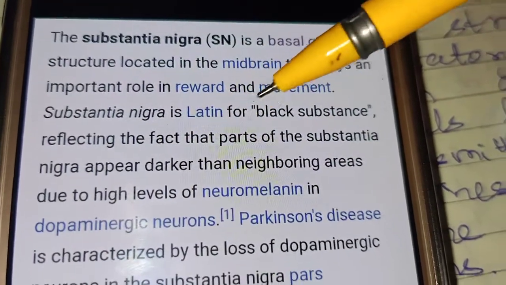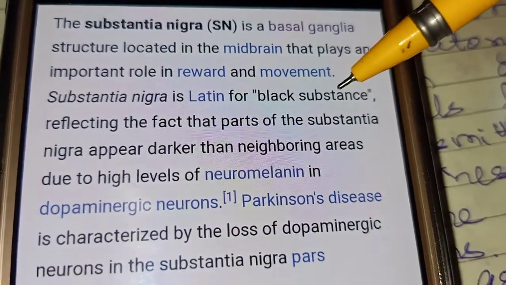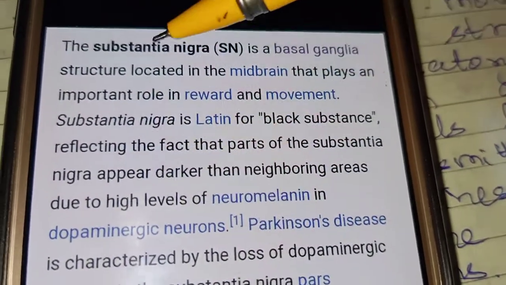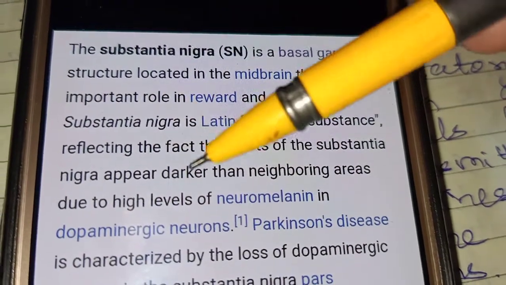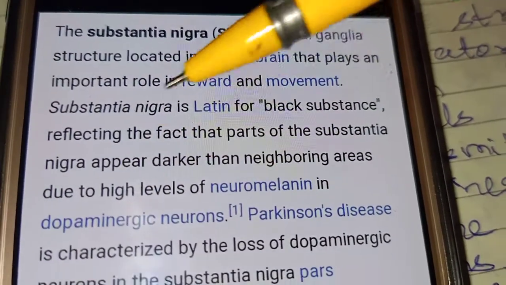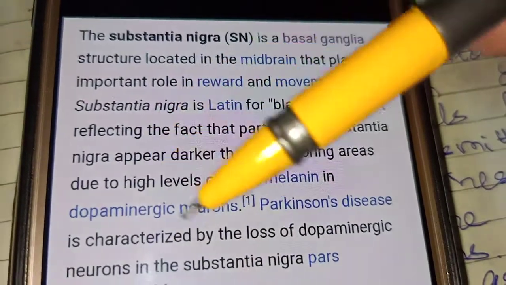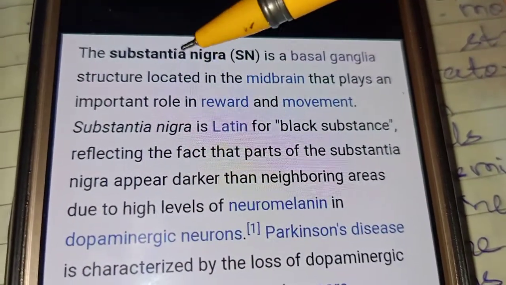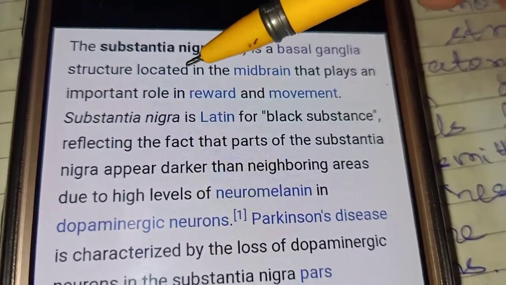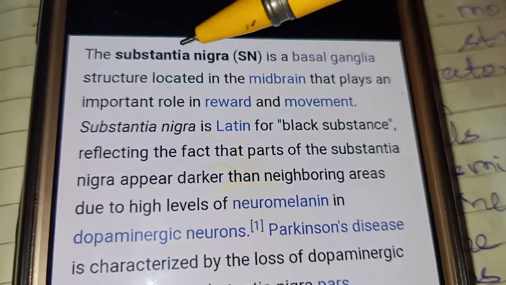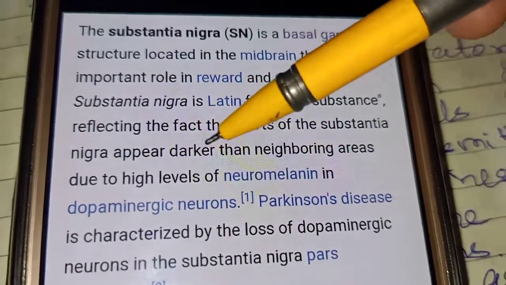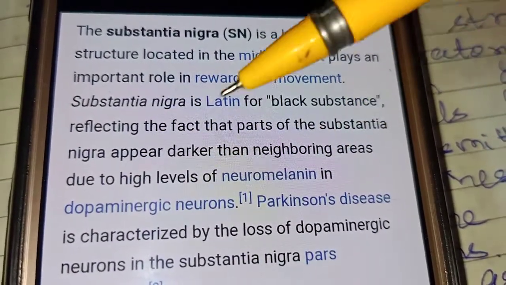It is a very dark structure, so you can easily recognize substantia nigra because it is darker as compared to the other neighboring areas.